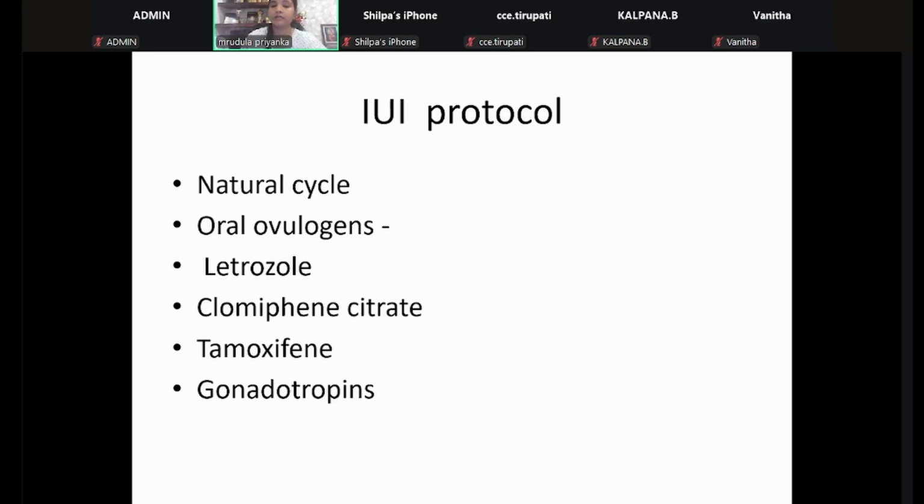Here with letrozole, the concentration of androgens is also increased inside the follicles. Intrafollicular androgen concentration is increased. This will increase the sensitivity of the follicle to FSH, and the FSH receptors are also increased on the follicle.